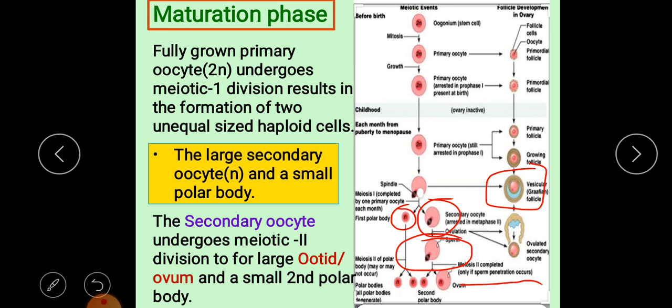Then it forms a zygote. The zygote is going to implant in the endometrial wall of the uterus, and then the development of the embryo takes place.